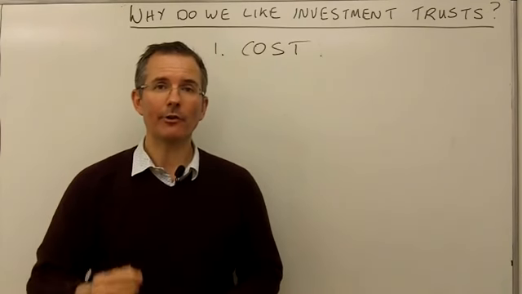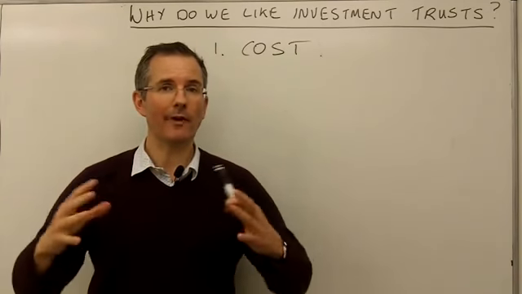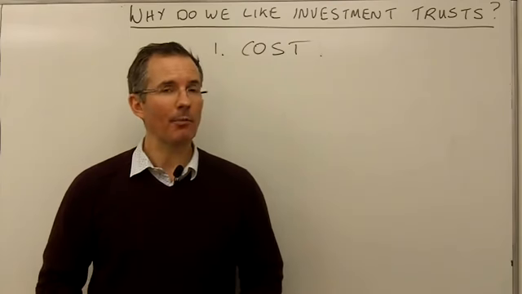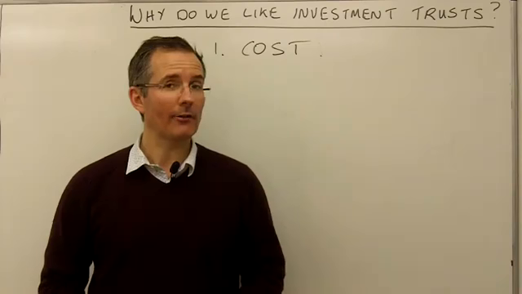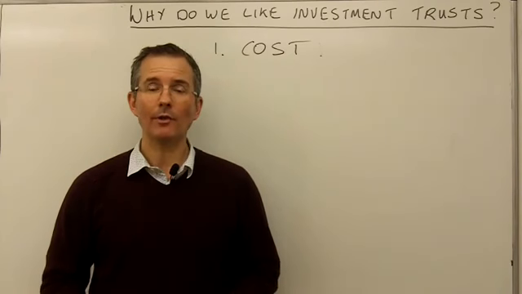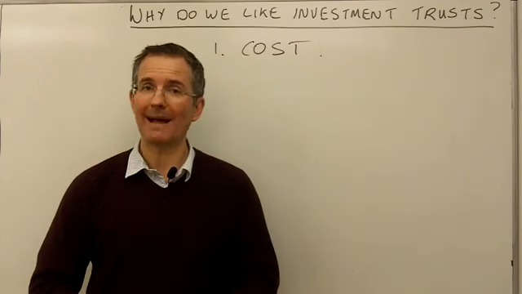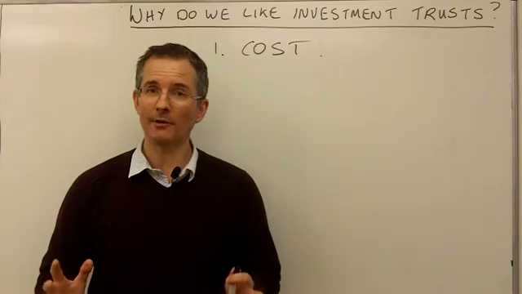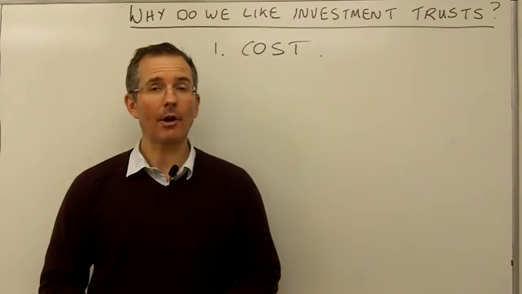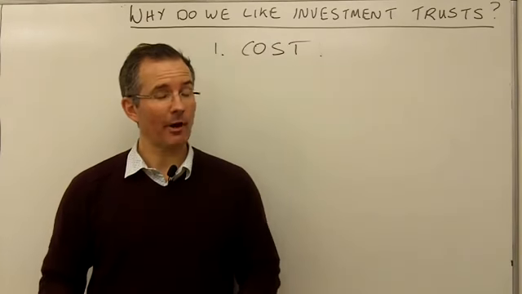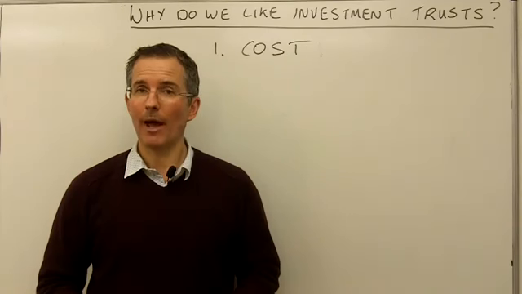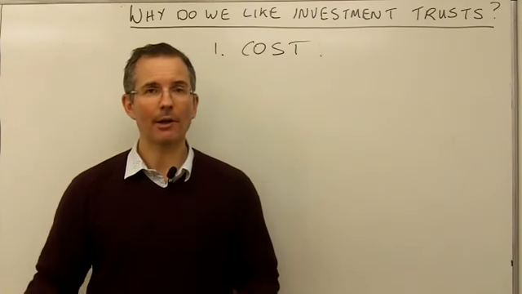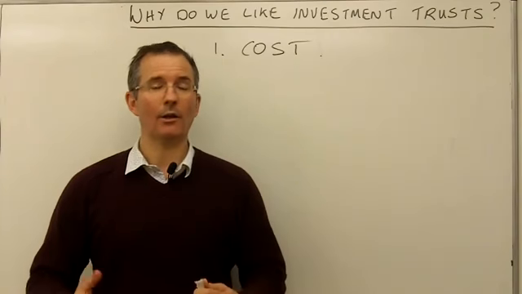That's going to eat into your returns and eat into what your fund is eventually worth. So the problem with unit trusts is they are allowed to spend an awful lot of money on advertising, and many of them do. When you see an advert on the tube or on a bus or in a magazine, chances are, if it's a fund, it will be some kind of unit trust. And that's fine, but the problem is, of course, that that's got to be recovered somewhere. All that advertising spend, all that marketing spend's got to come out of somewhere, and lo and behold, it comes out of your money.